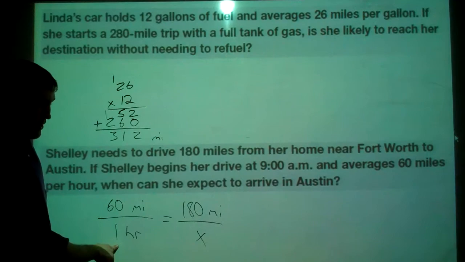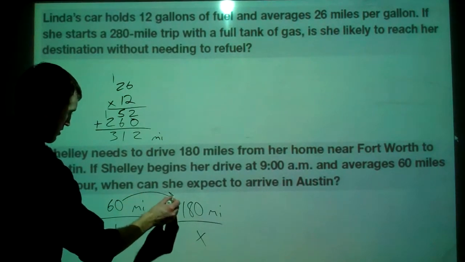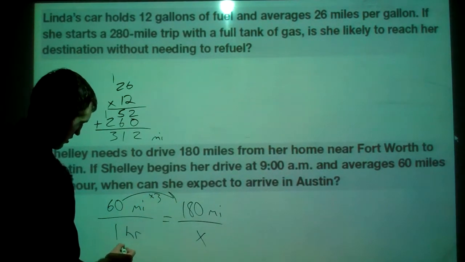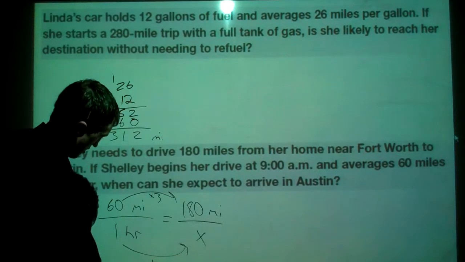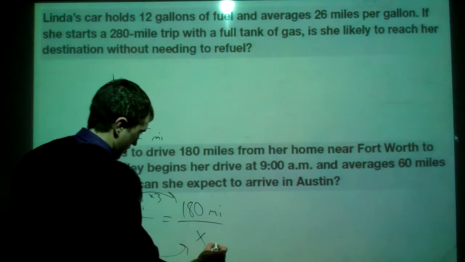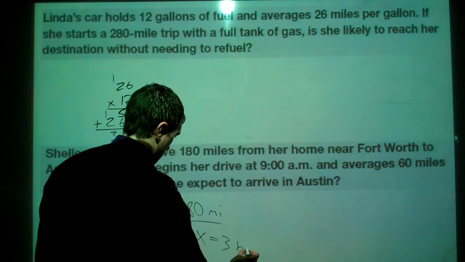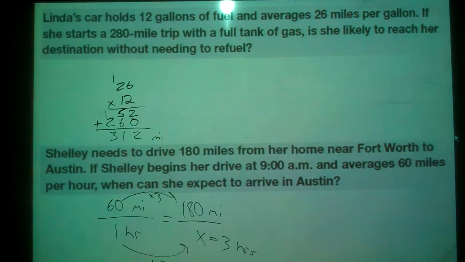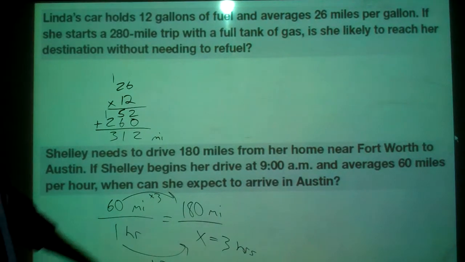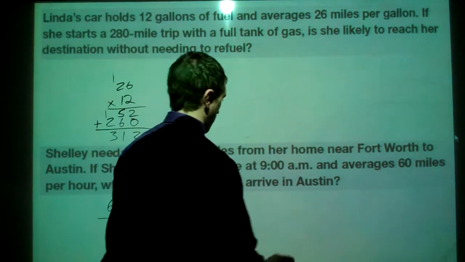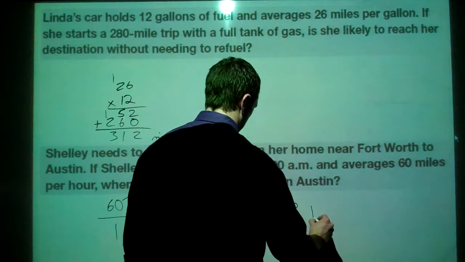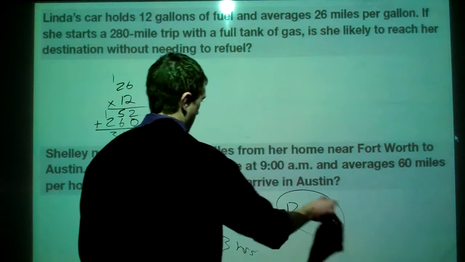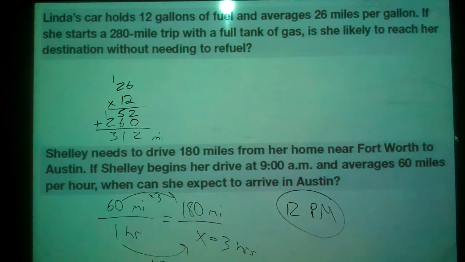So we would do the same thing down here. 1 times 3 is 3. So X would be 3 hours. So it takes her 3 hours going that speed. She left at 9. 9 plus 3, 12 p.m. So we'd be looking up there. Okay?